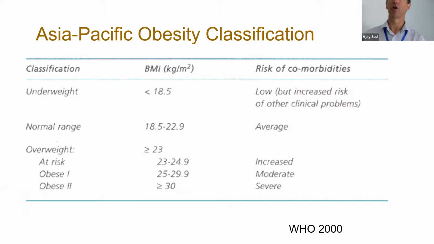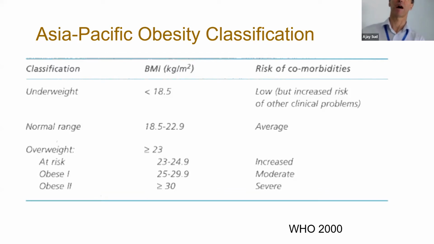Just the other point to make here, while I'm talking about the general epidemiology and trying to set the scene, is the fact that for different populations, we've tended to use different classifications. So if you're living in the Asian Pacific region, or if you're from those backgrounds, then these slightly lower cutoffs are used to define obesity using body mass index.